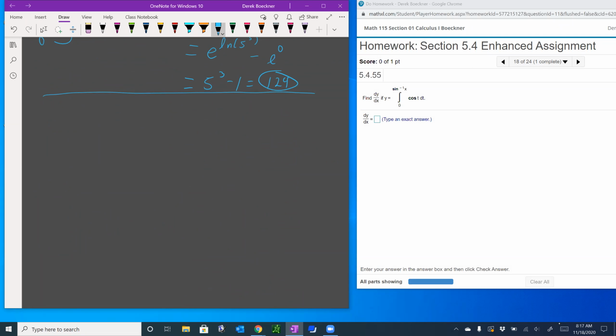Okay, so we want the derivative of this. So this is like what we were just doing. We're going to take the cosine, put it in an integral. The upper bound is the sine inverse function, cosine of t dt, and we want to take a derivative of this.